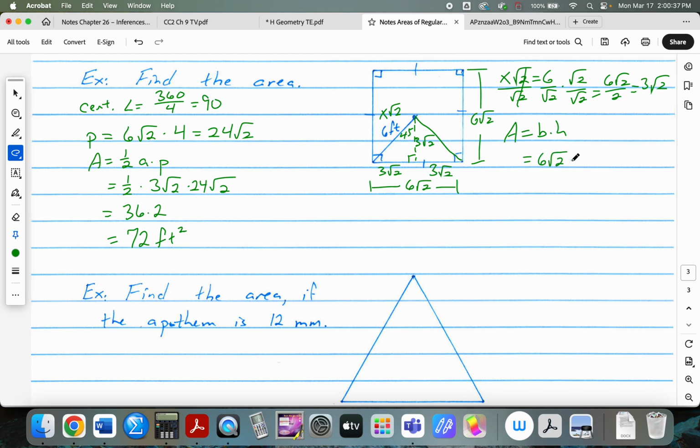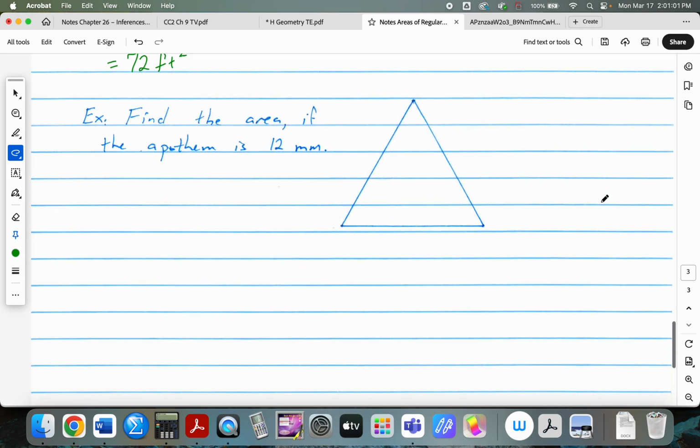So it'd be 6 square roots of 2 times 6 square roots of 2. 6 times 6 is 36. The square root of 2 times the square root of 2 is 2. And it's 72 square feet that way. It's more than one right way to find the area. All right, one more.